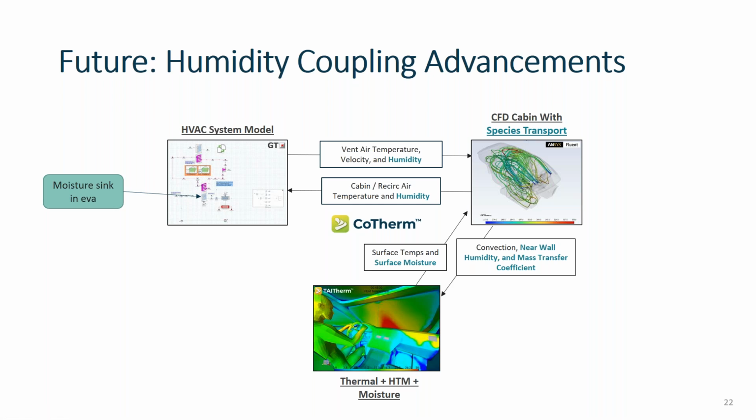The air at the intake of these boundaries will have its own moisture content. That's the idea for the future, to track the local humidity, and then couple that locally with our TAITherm model, and also with the inputs going into our HVAC system.